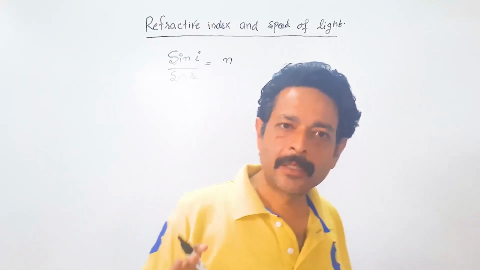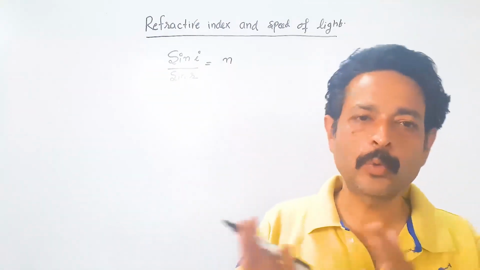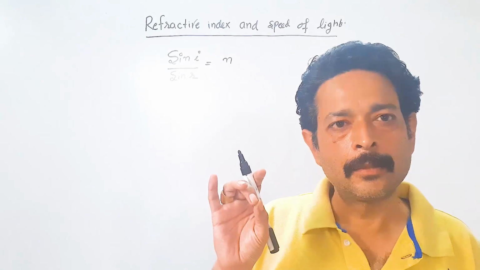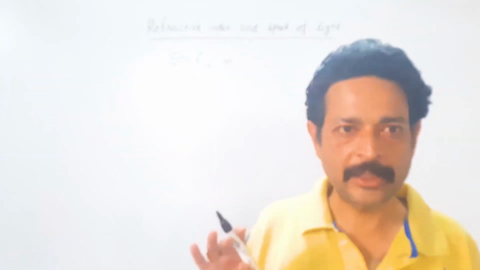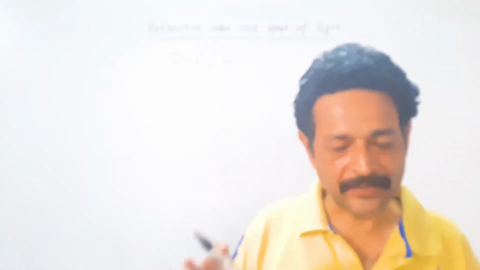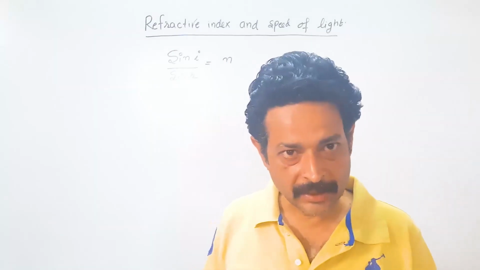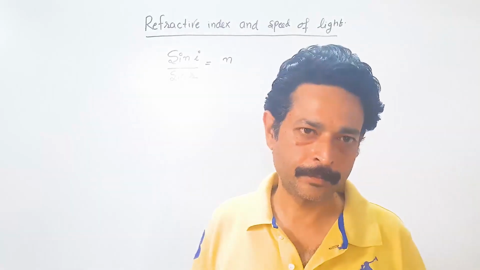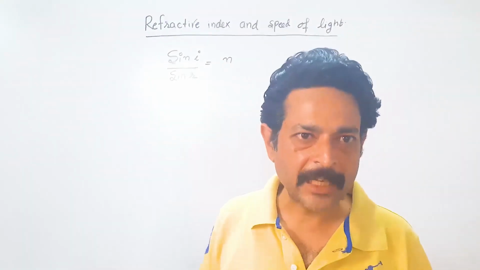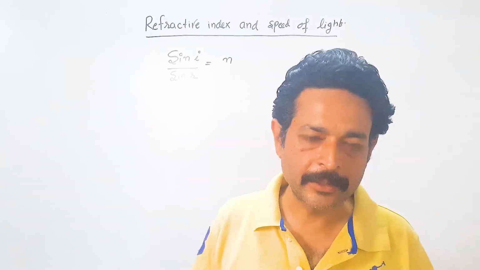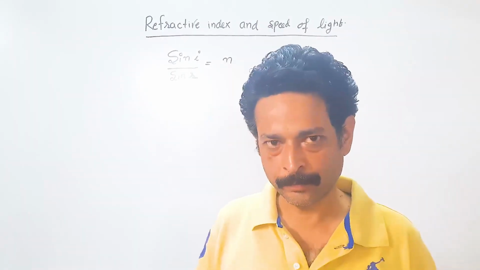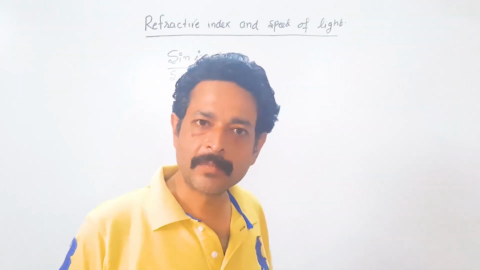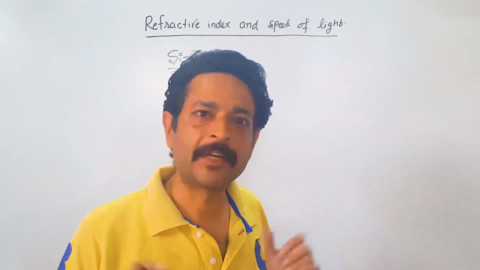Whenever light goes from one medium to another and the optical density of both media is different, that is the speed of light in both media is different, then the second medium into which the light enters bends the light. The light bending ability of any medium is known as its refractive index.